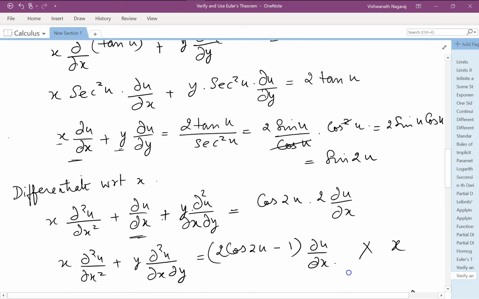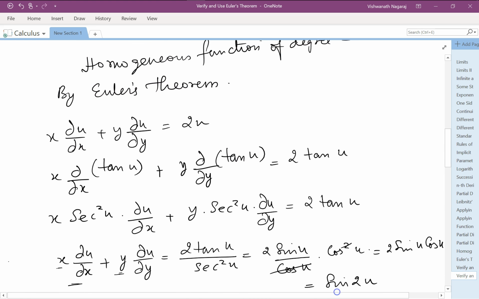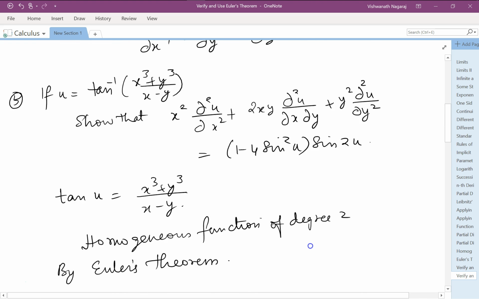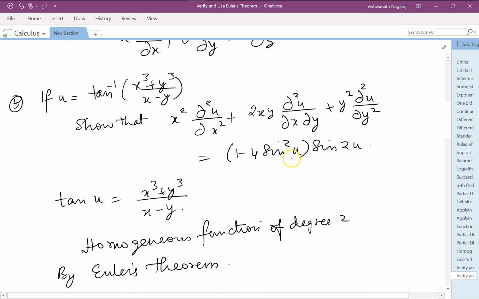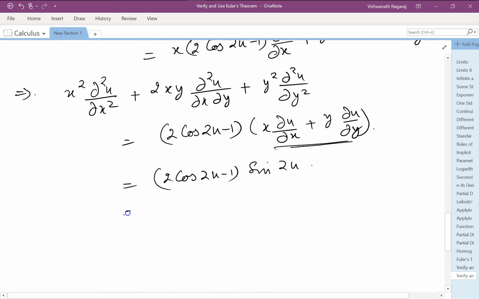So we are very close to what we have to show. Where is that? Show that: 1 minus 4 sine square u times sine 2u. Okay. So cos 2u. Now here we have to remember the identities.